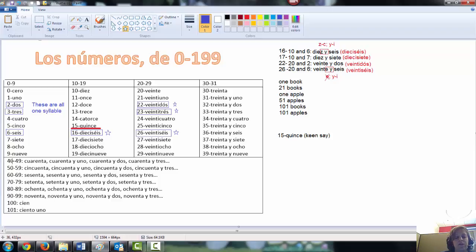You basically just have to memorize your tens. You need to memorize 40, 50, 60, 70, 80, and then 90, and you should be able to form the entire set of numbers within that tens place.